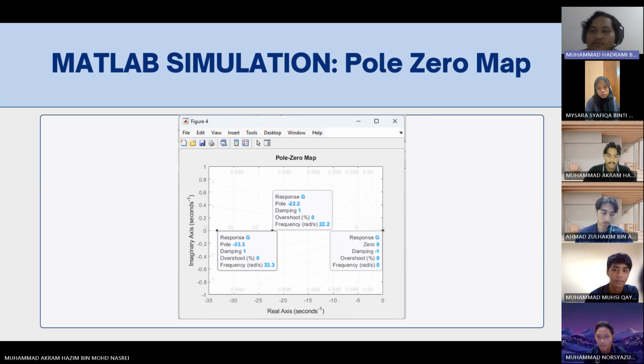So this is the pole zero map. As you can see from the pole zero map, our zero is 0, and our poles are negative 22.2 and also negative 33.3. Because both of our poles are on the left side, this shows that our system is stable.